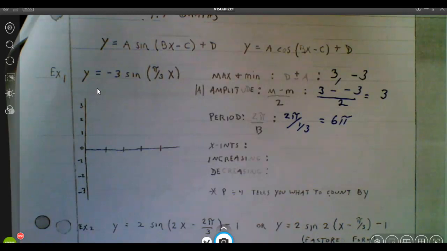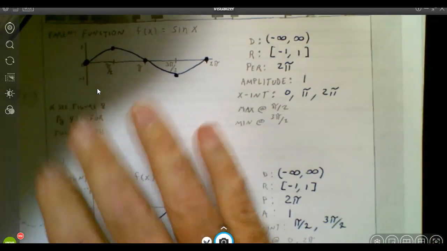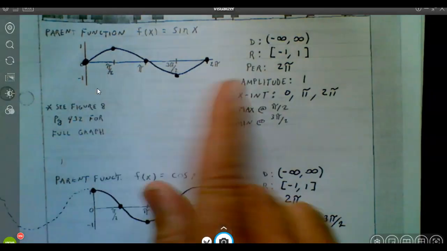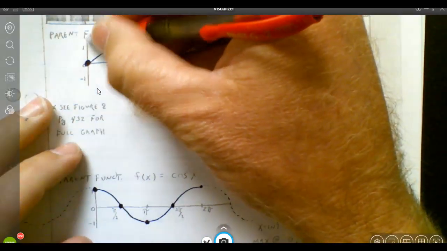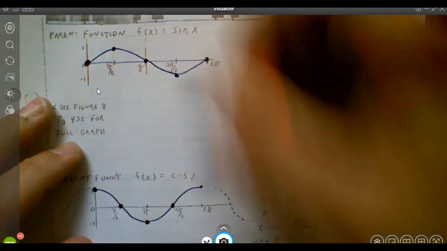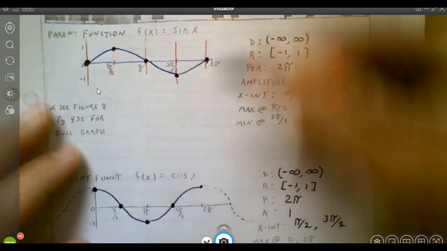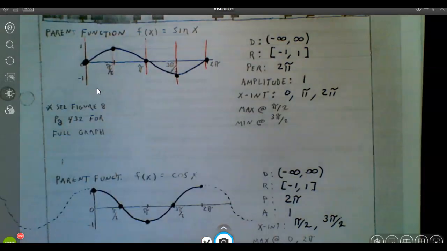So the reason I divide it by 4 is because, and I'll show you this way, if you look at one period of the graph, right, we identified 5 key points on there, but within that, it's broken up into 4 intervals, right? So from here to here is an interval, from there to there is an interval, from there to there is an interval. So there's 1, 2, 3, 4 intervals that this is broken up into.